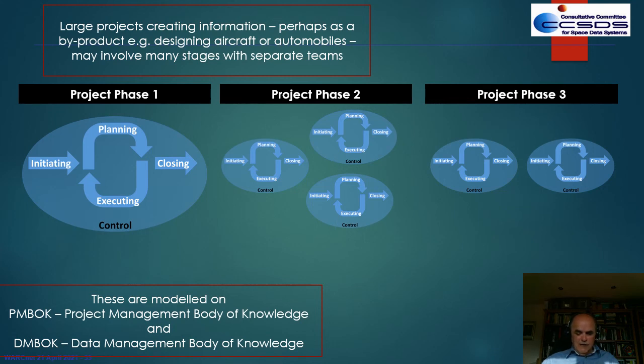Large projects may involve many different teams of people, many different phases, where in each phase there's some initiation, planning, executing those plans, and then closing it off, moving on to the next phase. Of course, in simple projects, this may be regarded as a complete overkill, but many things tend to be forgotten.